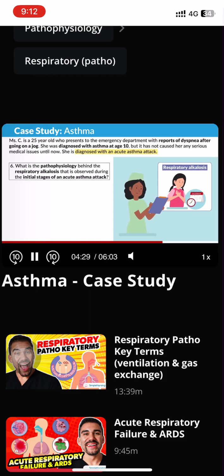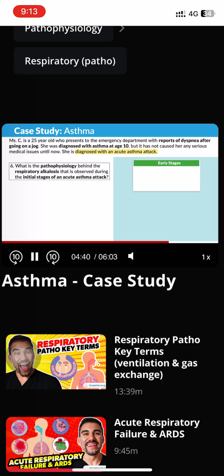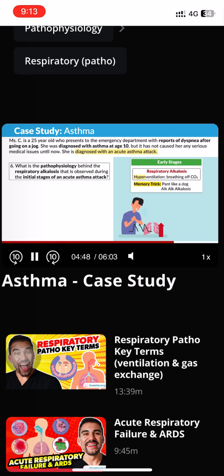Now, question 6. What is the pathophysiology behind respiratory alkalosis that is observed during the initial stages of an acute asthma attack? So once again, recall the key points from the full video. During asthma attacks, we see 2 stages here. Early stage is marked by fast breathing, that hyperventilation.